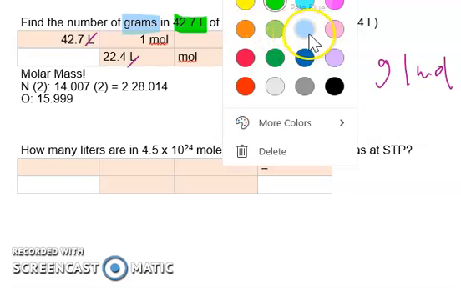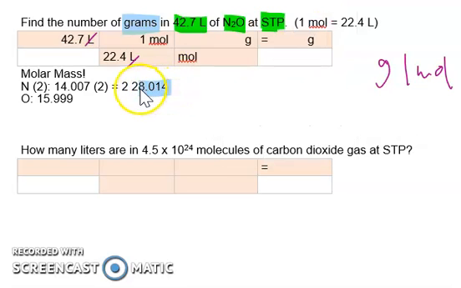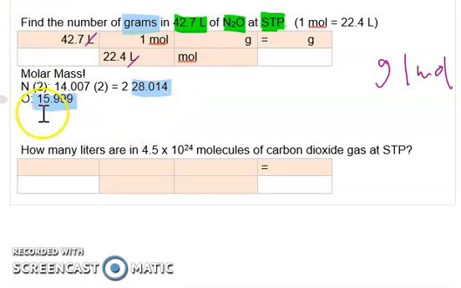So now I have to add every single atom to come up with my total molar mass. So I add 28.014 plus 15.999, and that is equal to a total molar mass of 44.013. Don't forget your units, grams per mole.